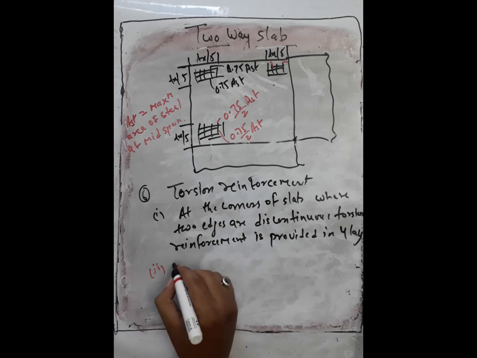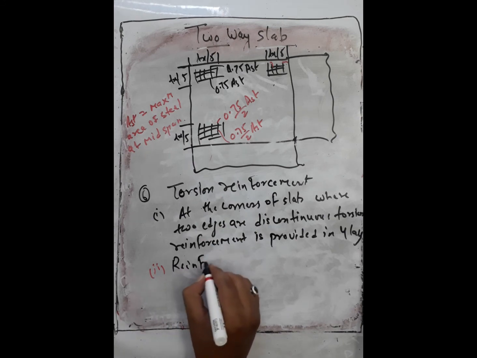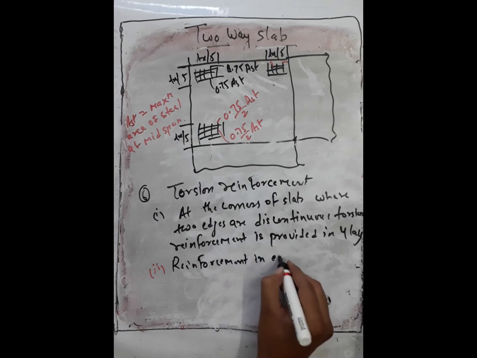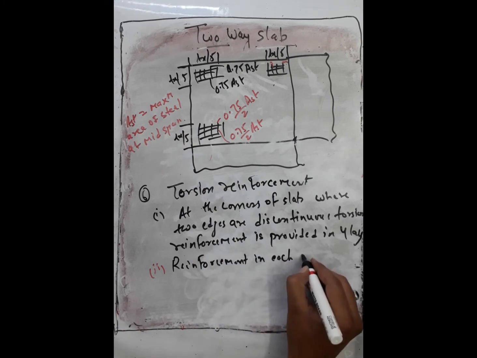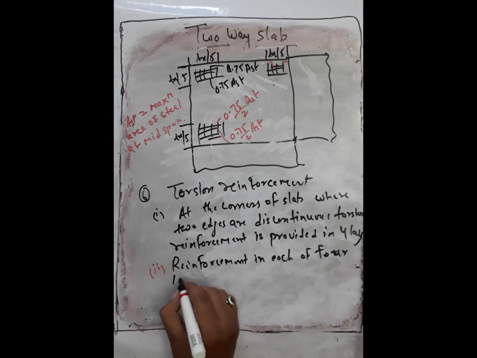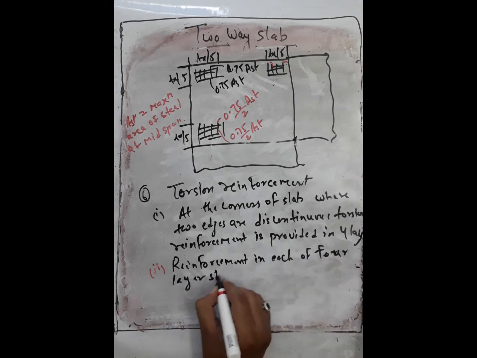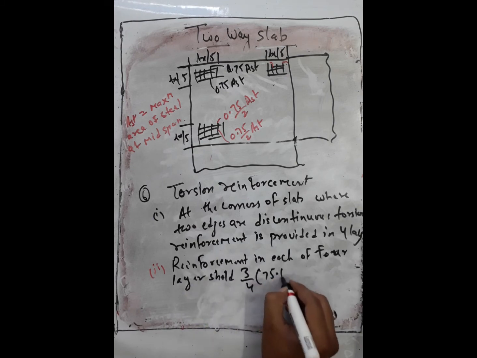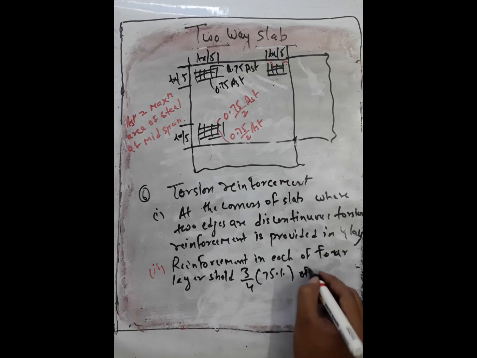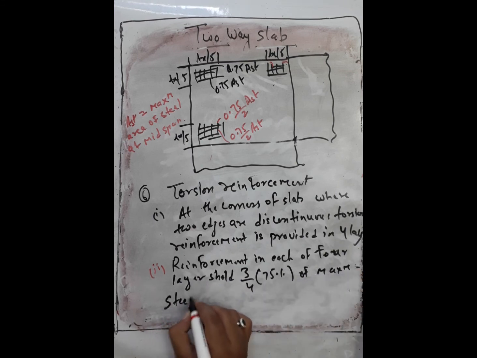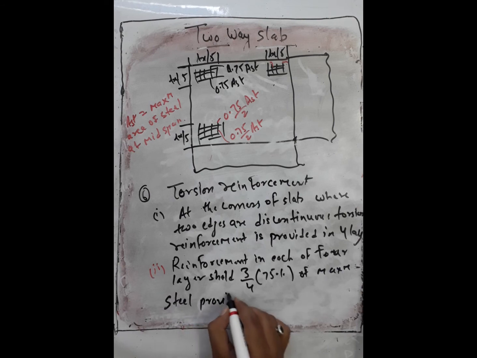Second point is reinforcement in each of 4 layers shall be 3/4 or 75% of the maximum steel provided at mid span.